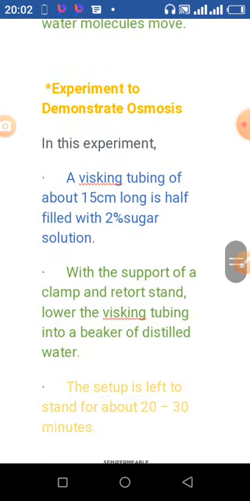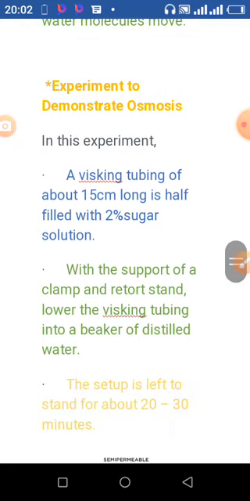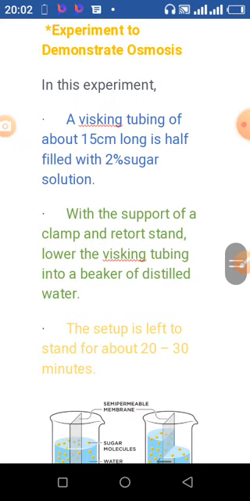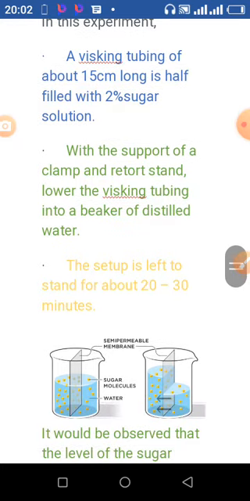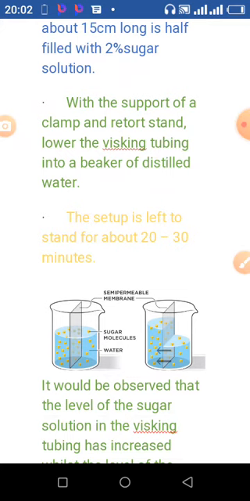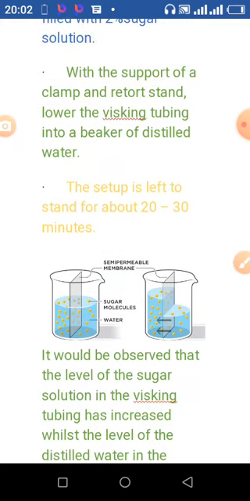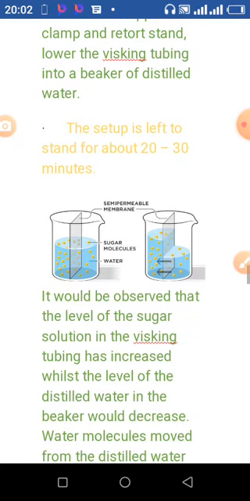Experiment to demonstrate osmosis: a visking tube about 15 centimeters long is half filled with 2% sugar solution. With the support of a clamp and a retort stand, lower the visking tube into a beaker of distilled water. The setup is left to stand for about 20 to 30 minutes.